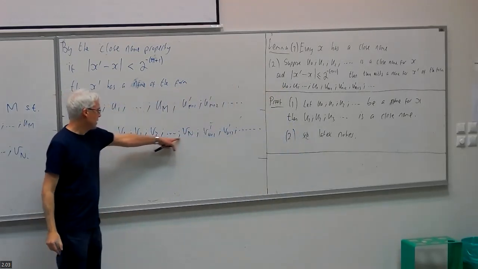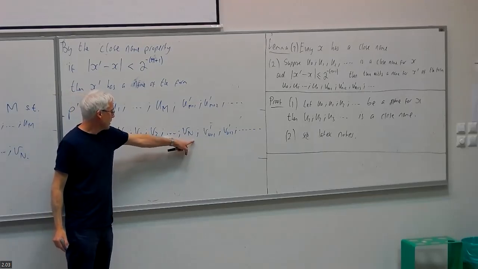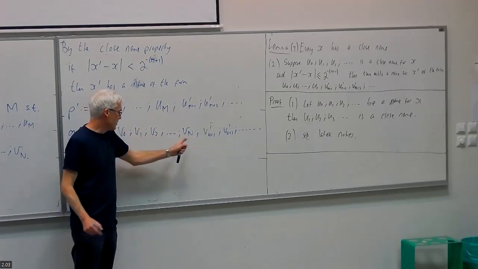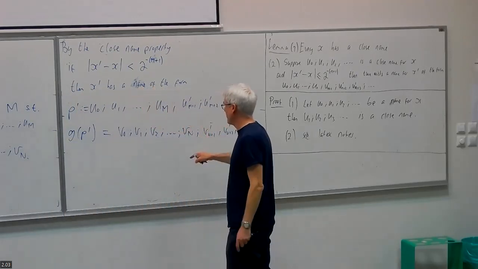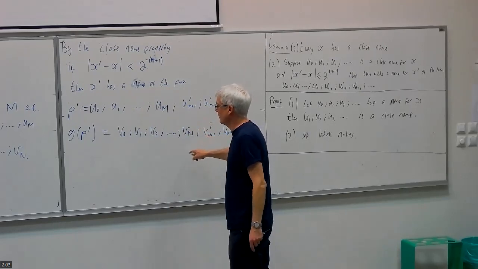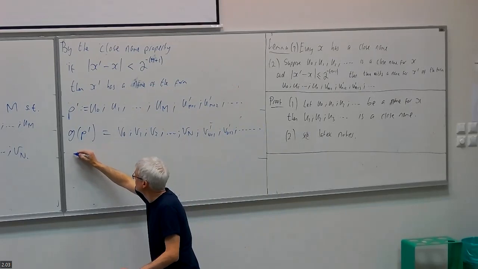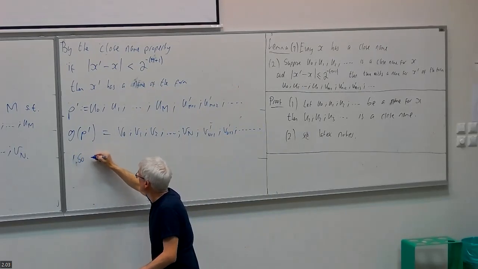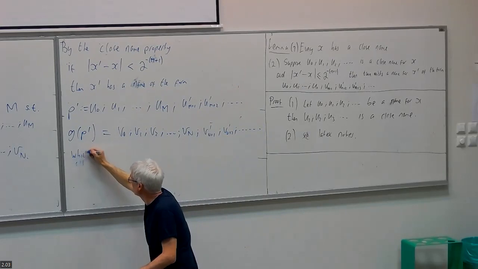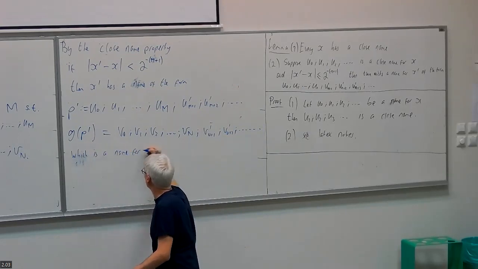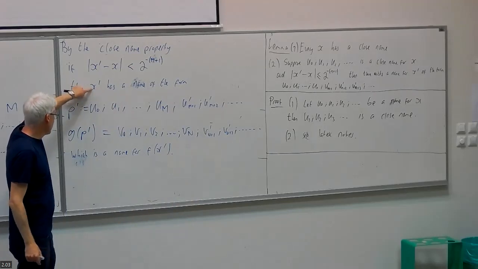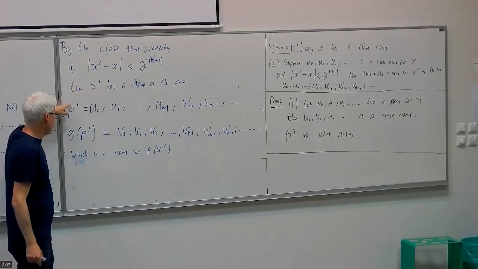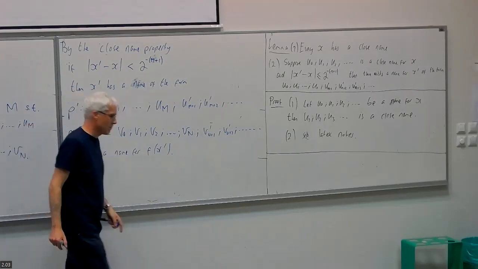The point is that it has the same prefix here, and because this output is a name, we know that this is within 2 to the minus capital N of f of x, which is a name for f of x prime. It's because P prime is a name for x prime, and so because G computes f, G of P prime is a name for f of x prime.